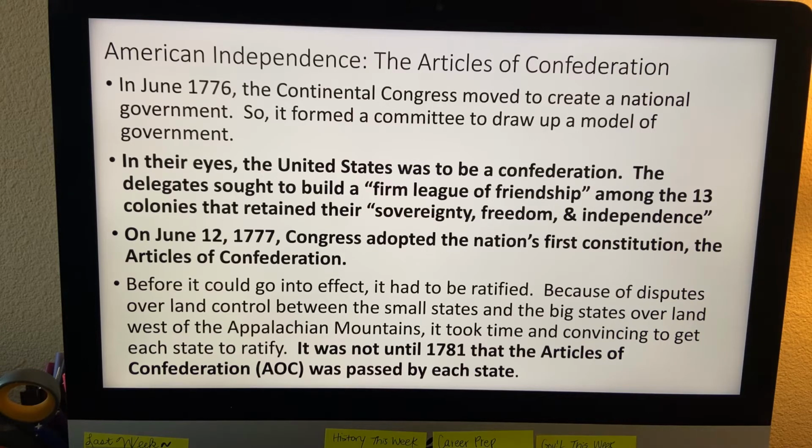But you also have land disputes between the smaller states and the larger states, particularly in regard to land that was west of the Appalachian Mountains, which we're going to talk about in a bit. And it took some time to convince all of the states to ratify, and you had to have all 13 states to ratify. And it was not until 1781 when Maryland finally agreed that it was passed in all 13 states.